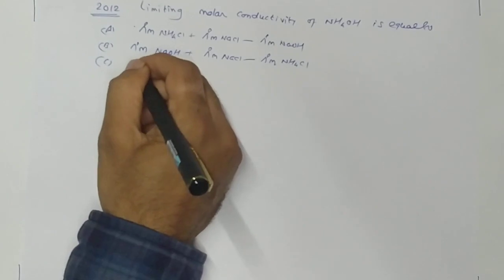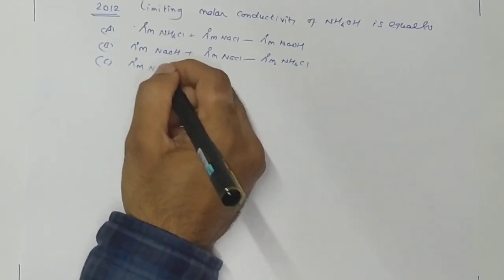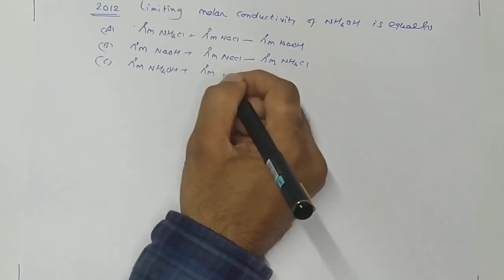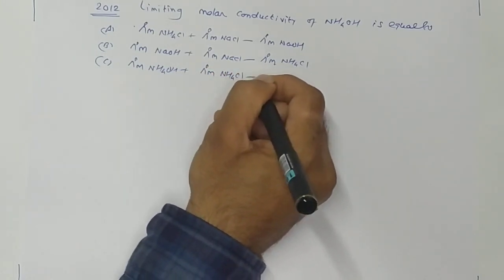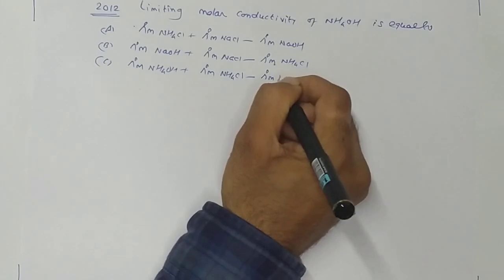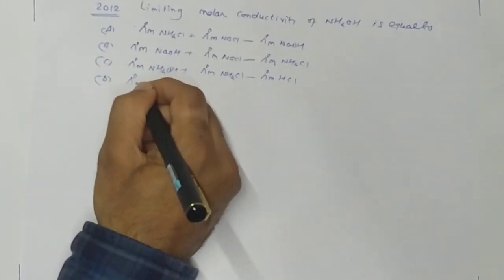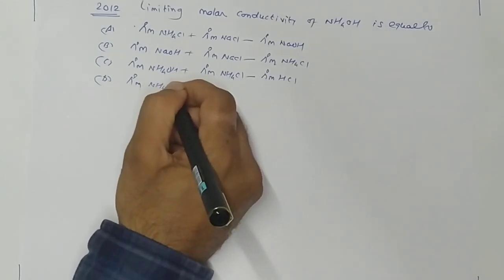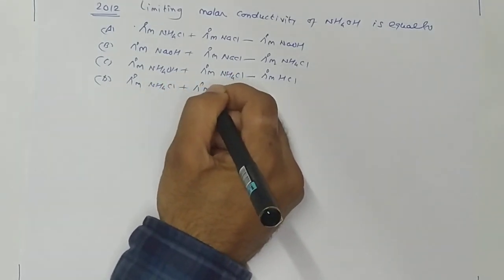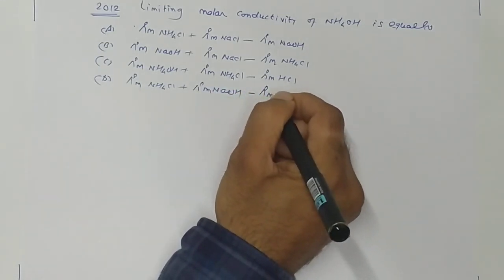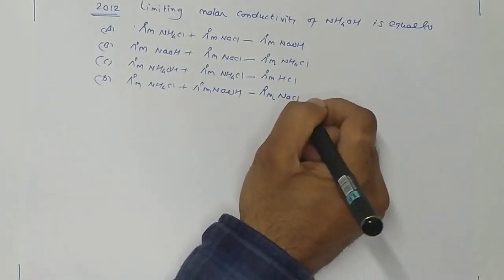Now C. Lambda degree m NH4OH plus lambda degree m NH4Cl minus lambda degree m HCl, and D, lambda degree m NH4Cl plus lambda degree m NaOH minus lambda degree m NaCl.